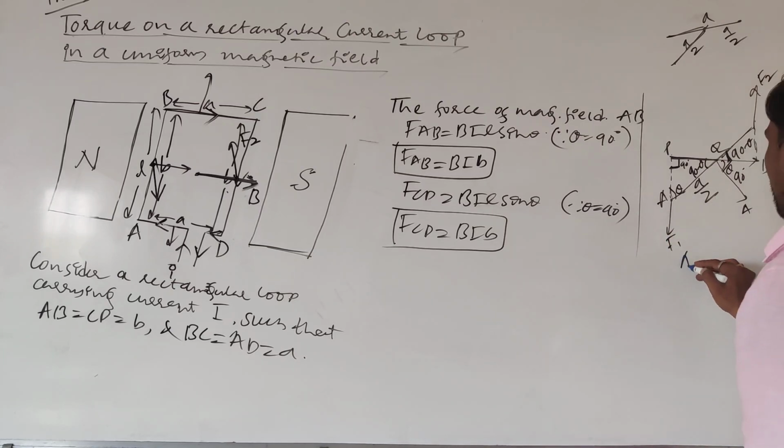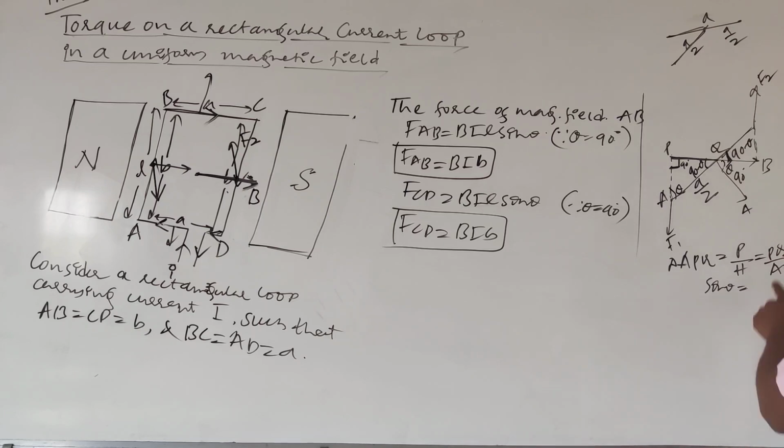So from triangle APQ, sin theta is perpendicular divided by hypotenuse. Perpendicular is PQ, and hypotenuse is AQ. So sin theta is equal to PQ divided by AQ.